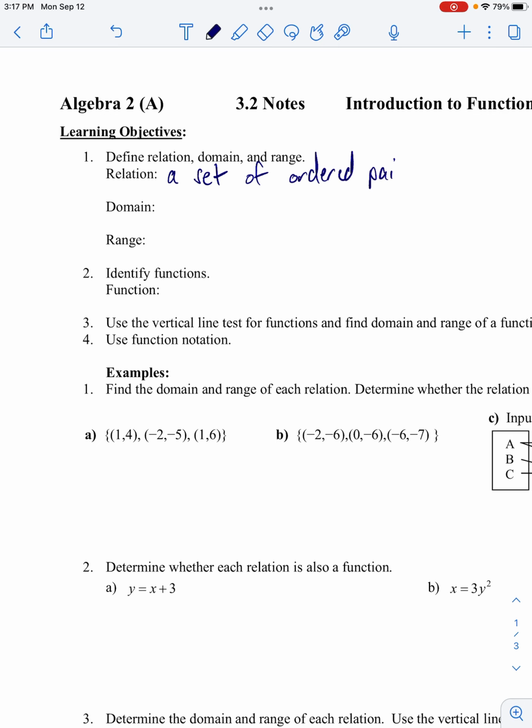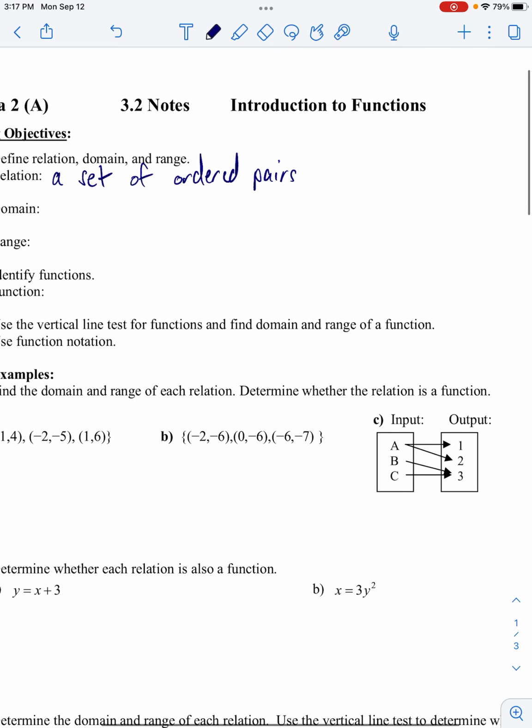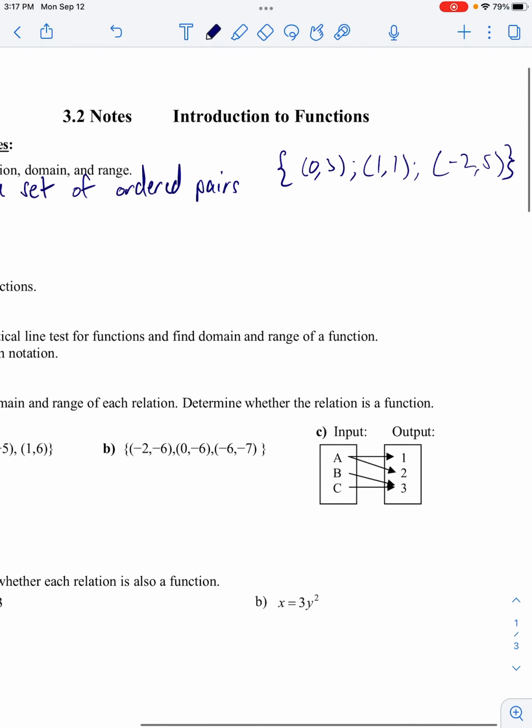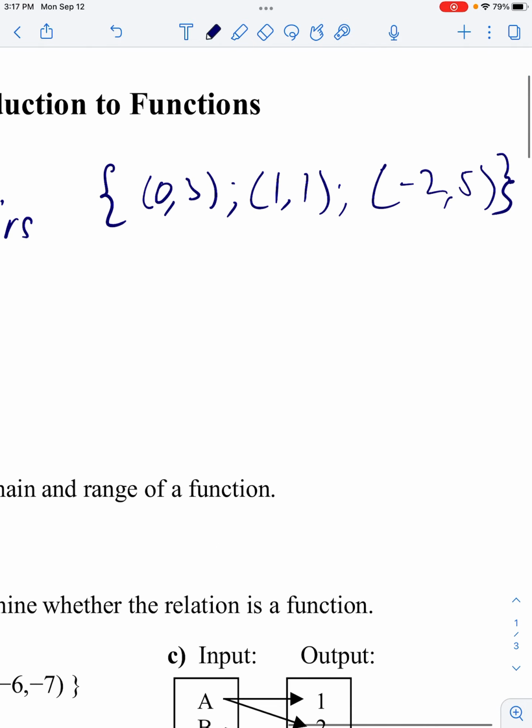Let's say (0, 3), (1, 1), and (-2, 5). This is a relation. It's three x values.